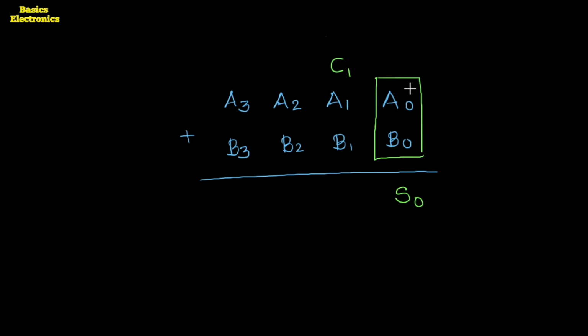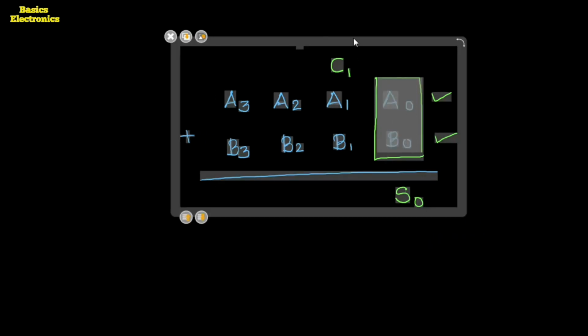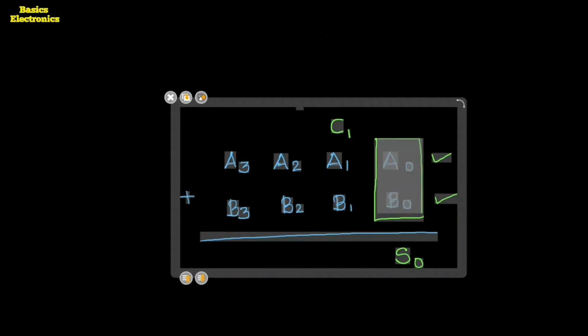For the addition of these two binary bits A0 and B0, only two bits are there, so here we can use one logical circuit, which we call a half adder.